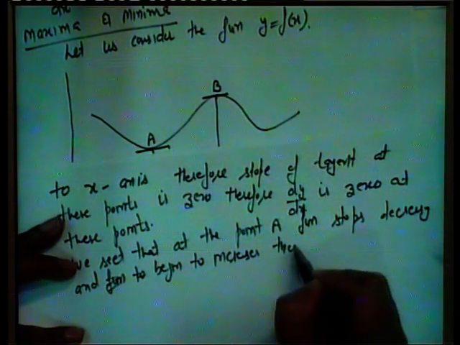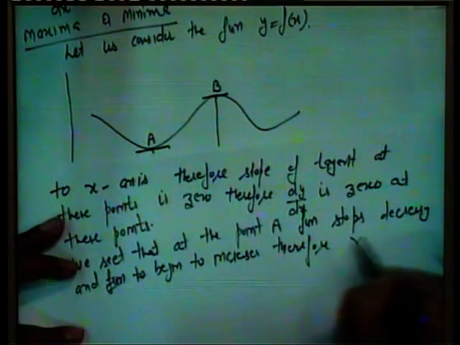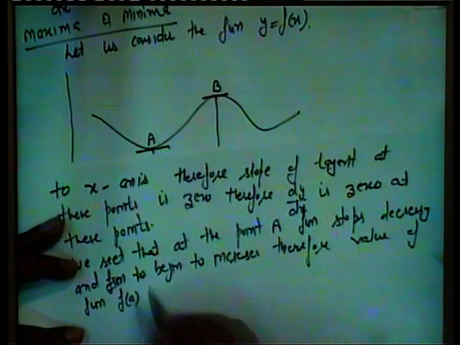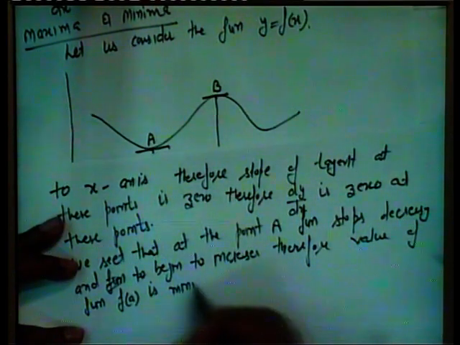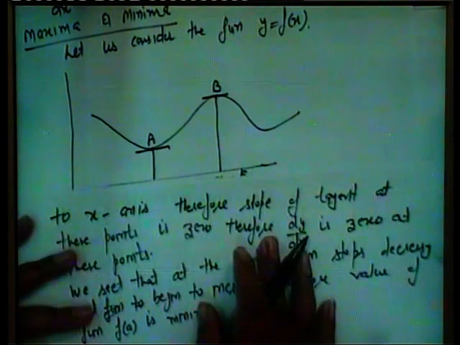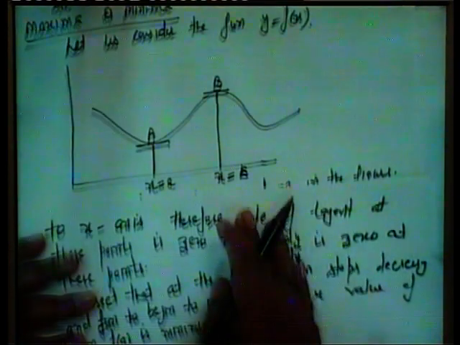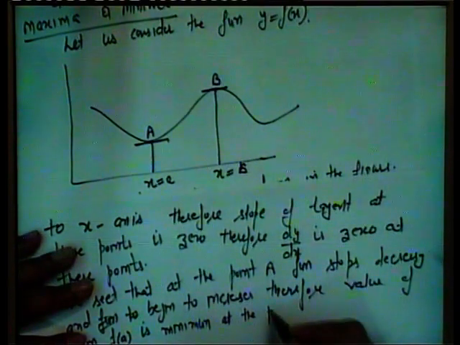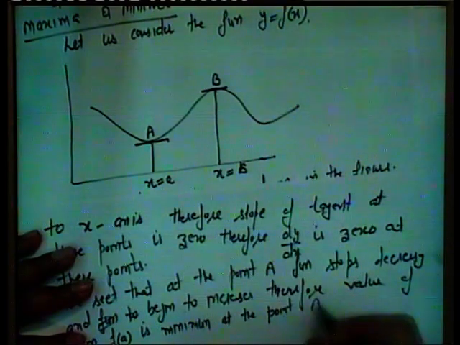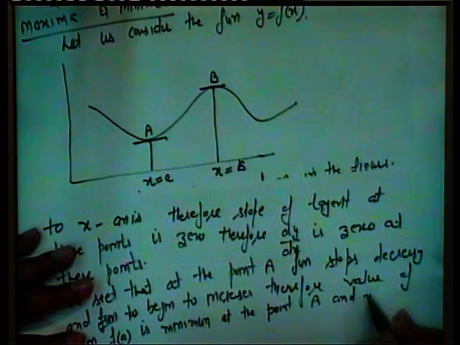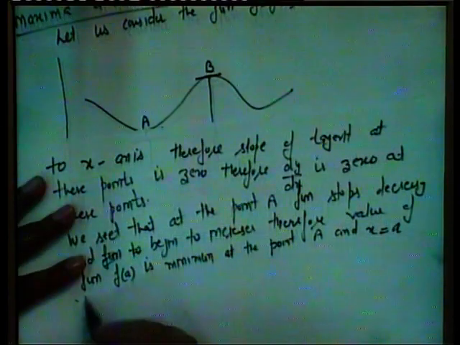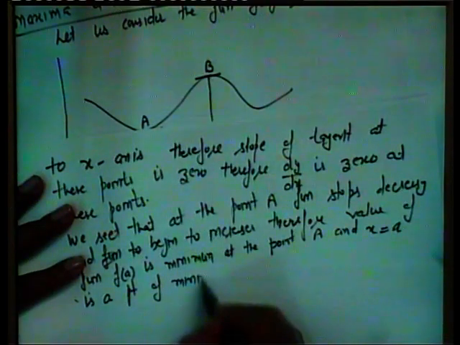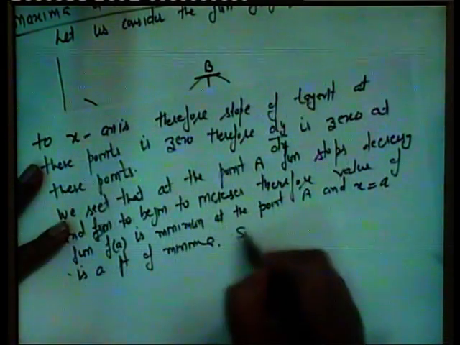Therefore, the value of the function f(a) is minimum at the point A, and x = a is a point of minima.